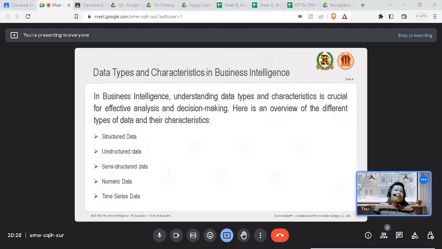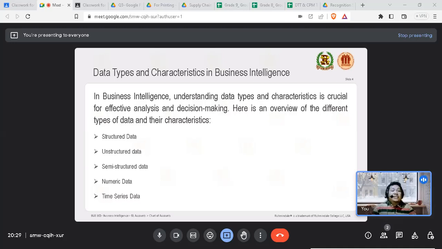Characteristics of semi-structured data: there is flexibility, which allows flexible data modeling, enabling data to be stored and processed without a strict schema. It often includes metadata, tags or labels that provide context or describe the structure of the data.